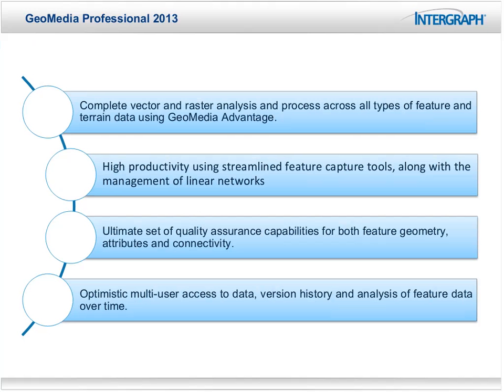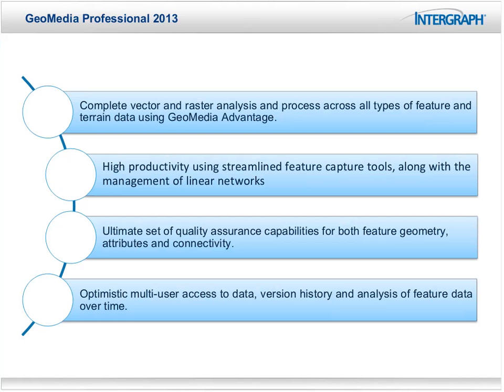Now I want to speak to the GeoMedia Professional tier. Again, that tier combines everything that's already in Essentials and Advantage. It is more of the data management, data production tier of functionality. So it's got high productivity tools for capturing data, integrating that data, building enterprise-based databases. It does have a nice set of quality assurance capabilities for both feature geometry and attributes and connectivity.